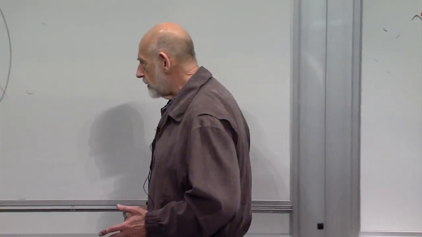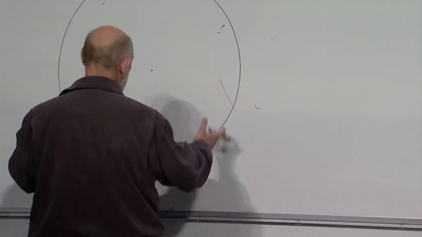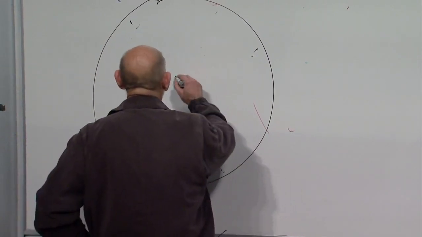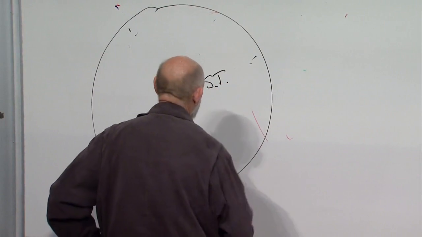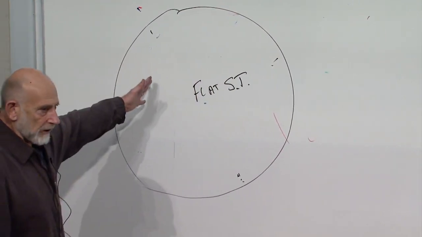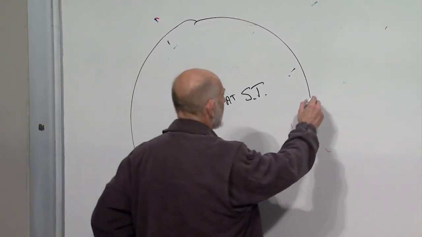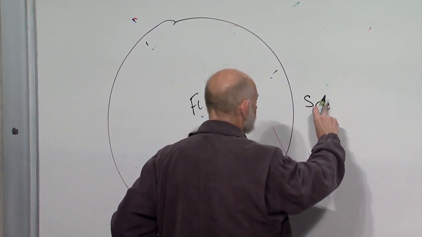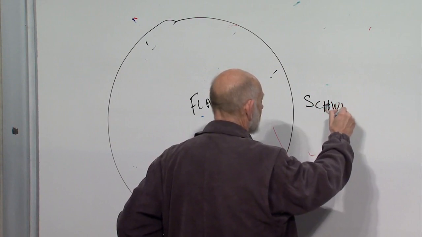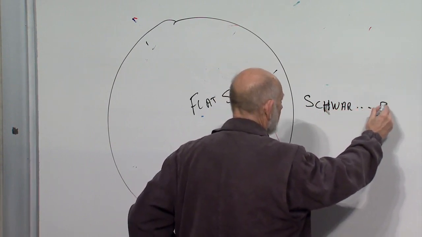So if you have, in general relativity, on the inside of a shell of mass, flat space-time, on the exterior of it, it looks like the Schwarzschild black hole.